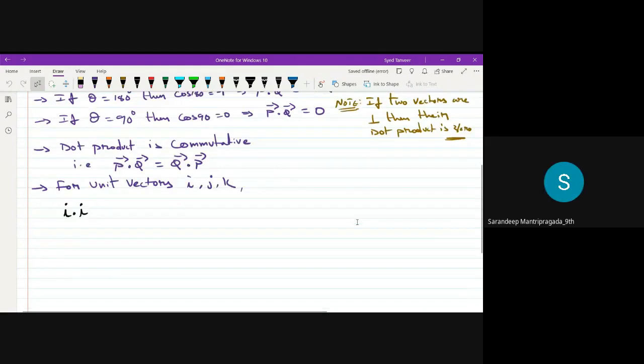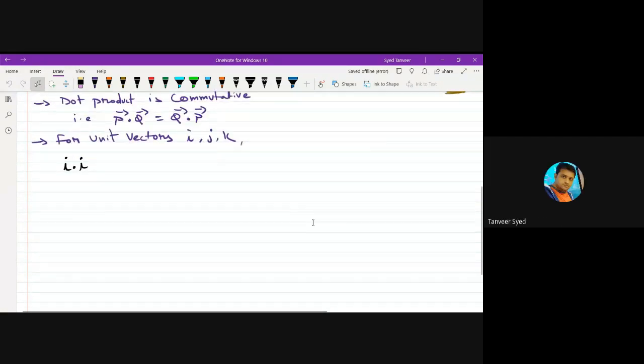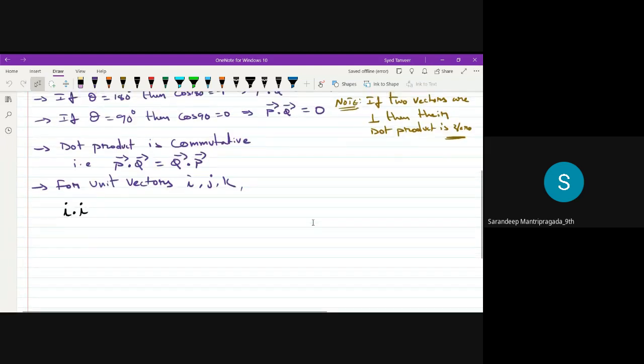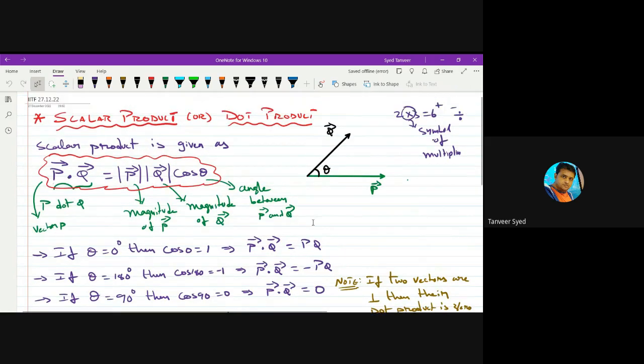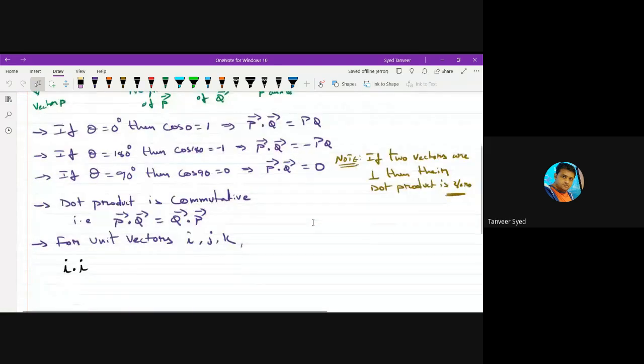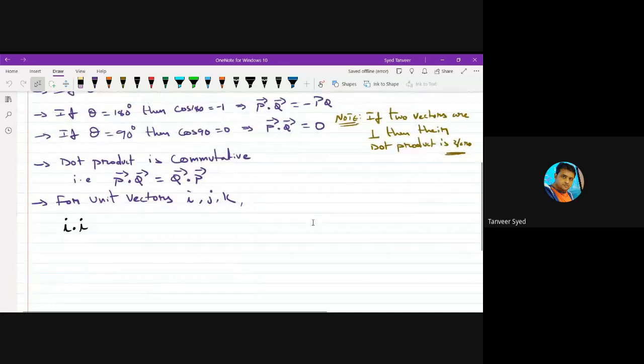Sir, you told us the magnitude of vectors P and Q is shown in between two lines. So when you told us when theta is 0, vector P into vector Q equals PQ, then what about the lines? You have to take the magnitude. Do you know how to find the magnitude of a given vector? Suppose xi plus yj plus zk is one vector.